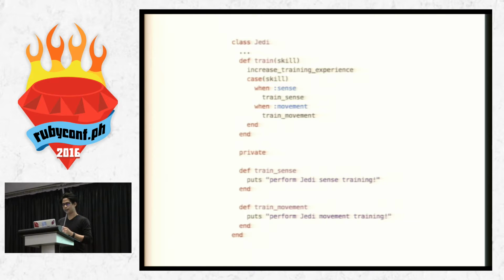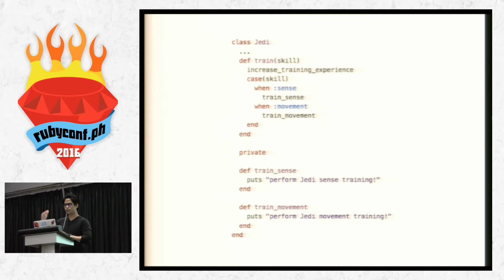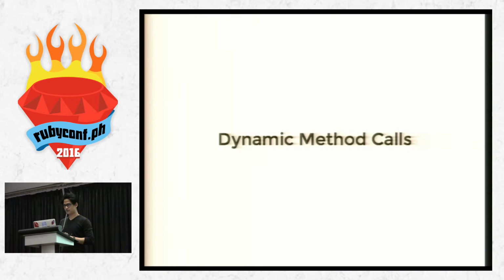If you pass in movement, it will call train_movement. Absolutely sensible. But if your young Jedi wants to train more skills, let's say you need to add 10 more, that's not so sensible. It's going to be a huge number of when clauses. Turns out there are dynamic method calls in Ruby.